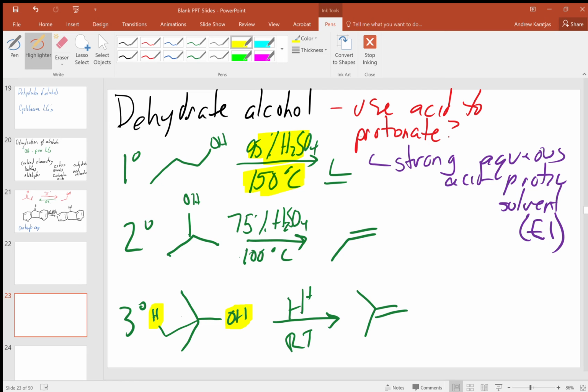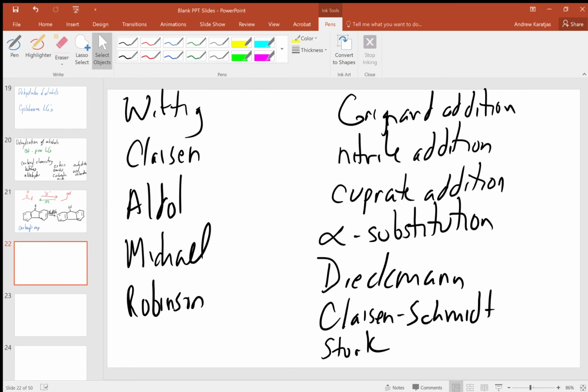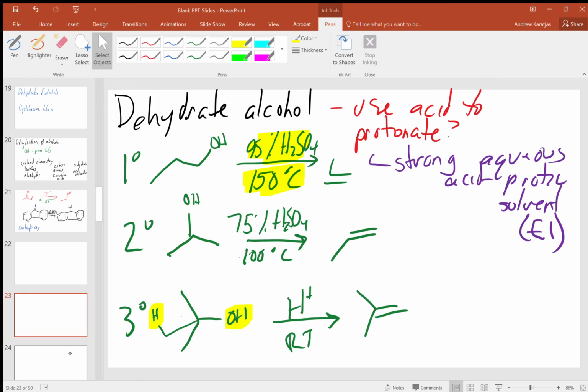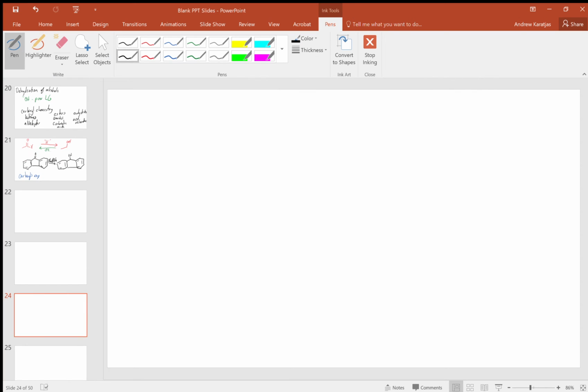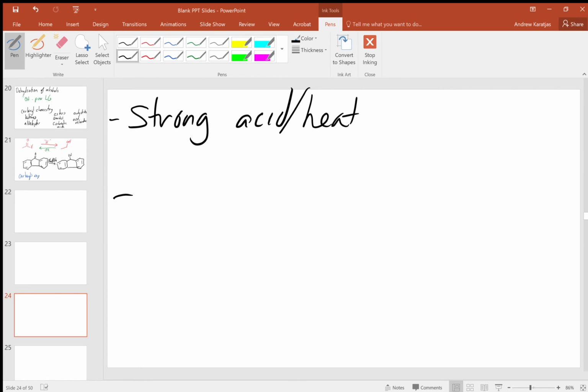So the problem with dehydration of alcohols is that you need either strong acid and heat, or you need an OH minus as the leaving group.